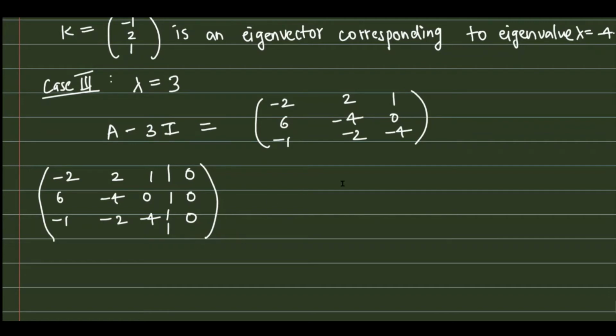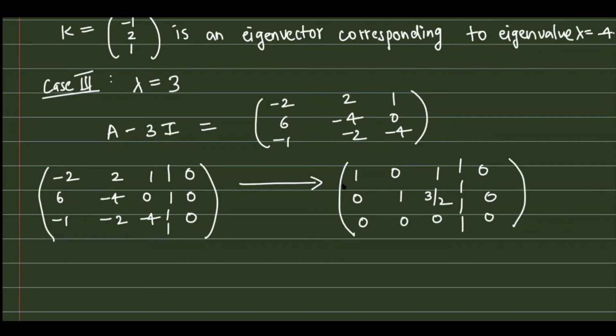So by doing the Gauss-Jordan method, by a sequence of elementary row operations, we will get the new matrix as 1, 0, 1, 0, 0, 1, 3 by 2, 0, 0, 0, 0.